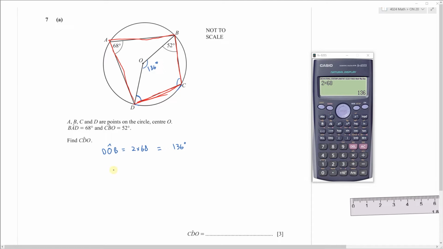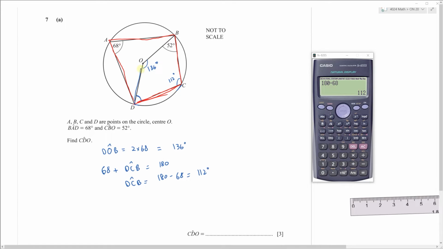So this means 68° plus angle DCB will be 180. So DCB will be 180 minus 68, which is 112. So this angle is 112°.